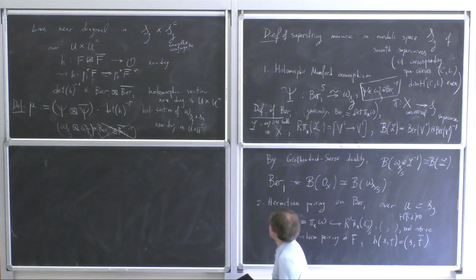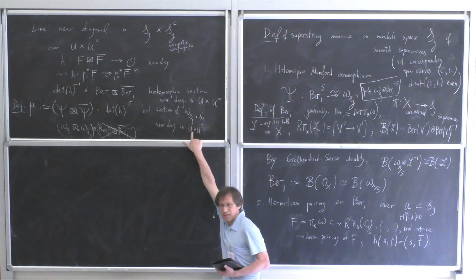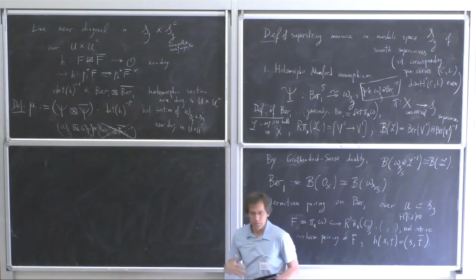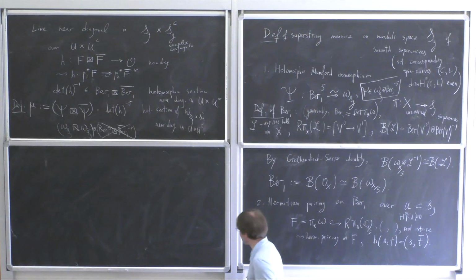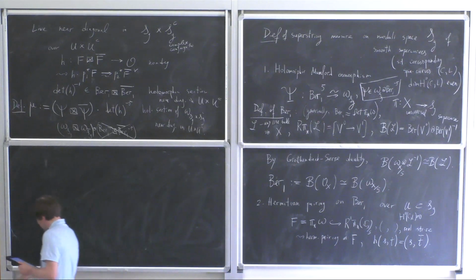But we do have to worry about the fact that instead of the moduli space S, we just have this open set U where we throw away bad supercurves. So now let's try to put them back.